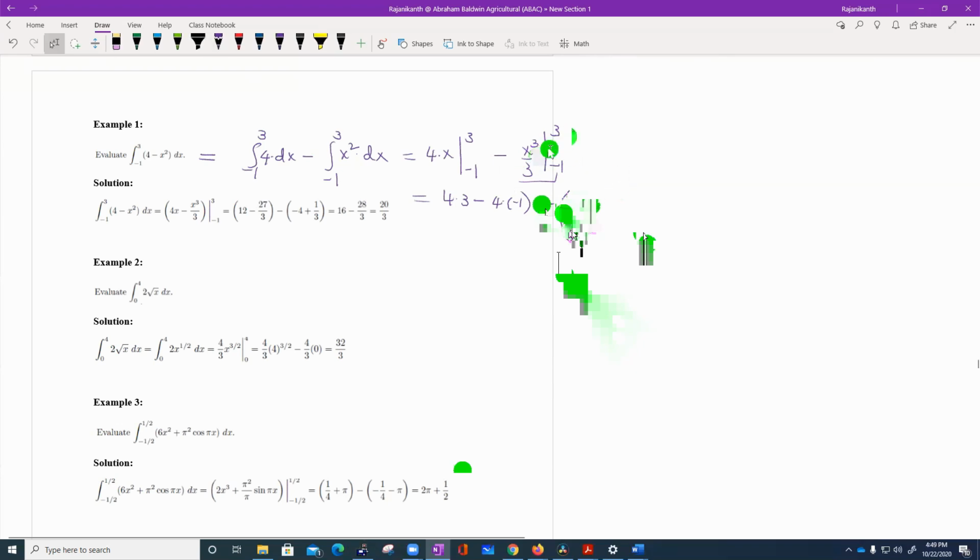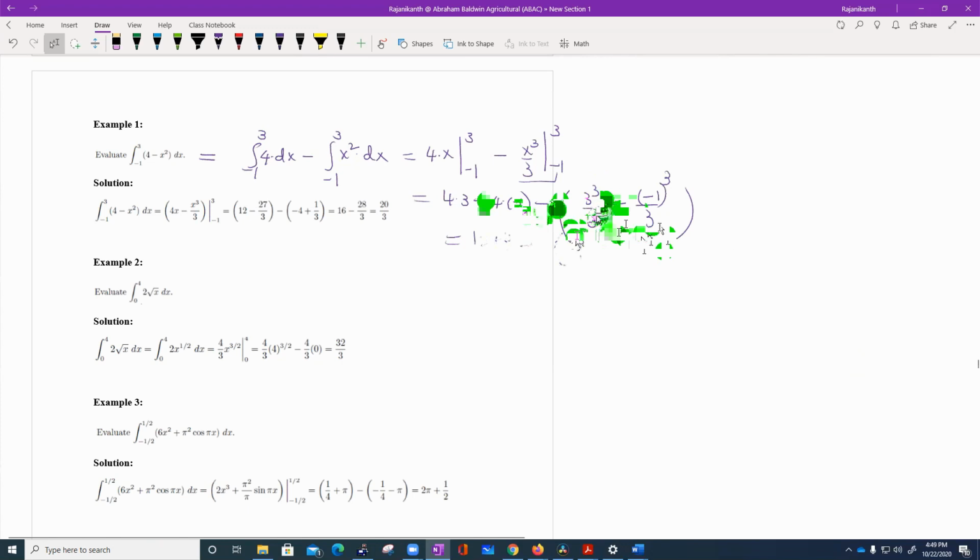Now plugging the upper limit here, 3 cubed over 3. Then always subtract the lower. The lower bound has now -1 cubed over 3. That's it. Now you have to simplify. 4 times 3 is 12. Minus times minus is plus 4. Then minus, let us simplify inside first.